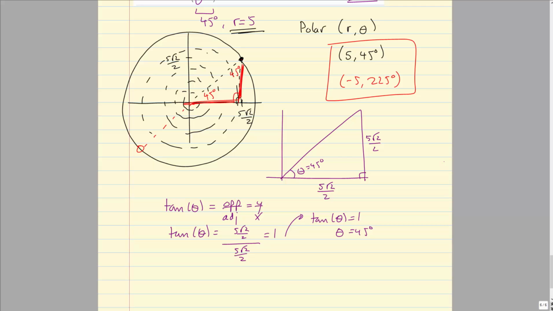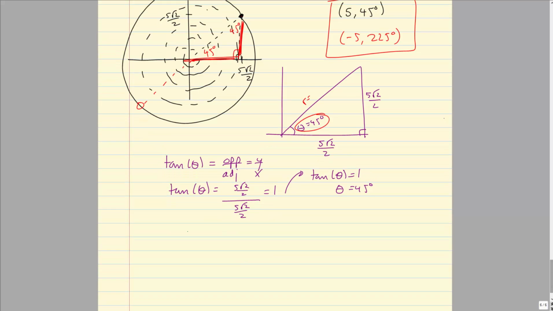And now what I need to do, I just figured this one out, I need to figure out what r is. Well, the easiest way to figure out r, remember, r squared is equal to x squared plus y squared. So r is the square root of x squared plus y squared. So 5 root 2 over 2 quantity squared, plus 5 root 2 over 2 quantity squared, all square rooted.